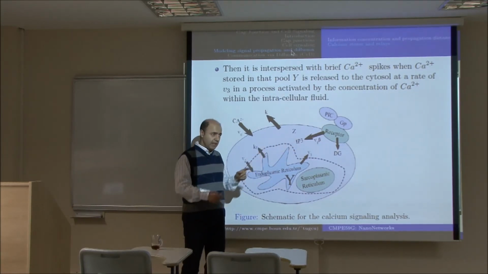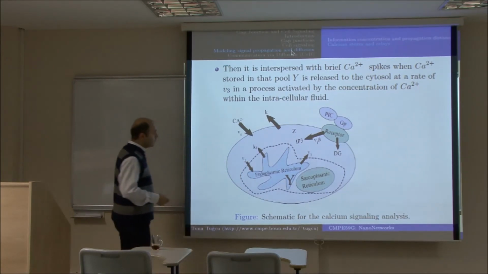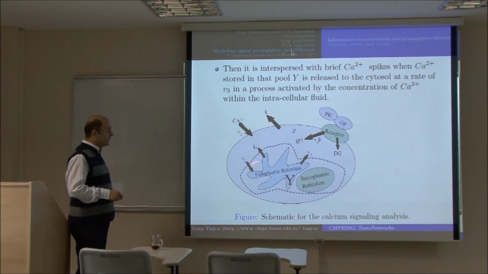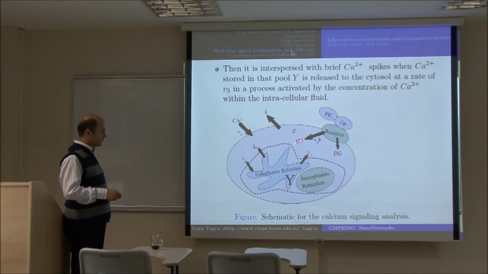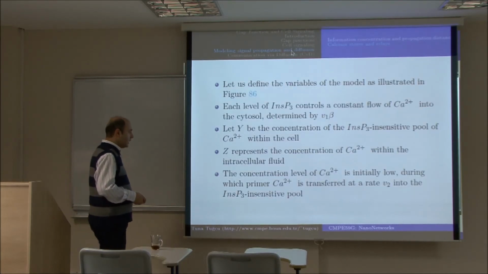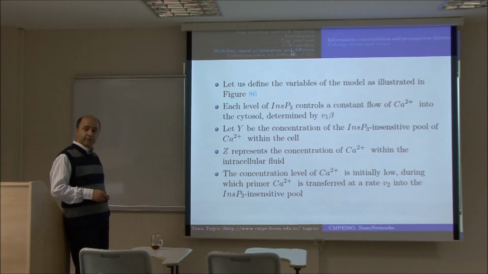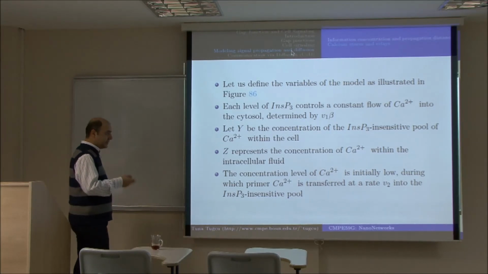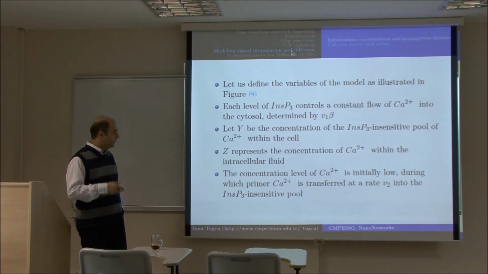I want to see how Z changes according to time, so I want to find the effect of all these on Z. I already have a concentration of Y stored here, and IP3 is released. The concentration level of calcium ion will typically be low in the beginning, so Z will be small in the beginning. But with this triggering operation, I will be able to increase the value of Z.